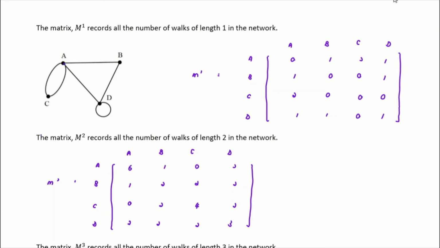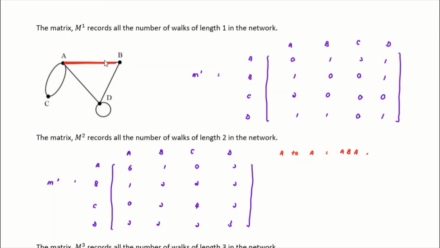Then let's check. This is from A to A, meaning that I should be able to get 6 different walks of length 2 by using this network. So let's check how we can do that. A, B, A, am I right? A goes to B, then goes back to A. So it's a walk of length 2. So ABA is 1.